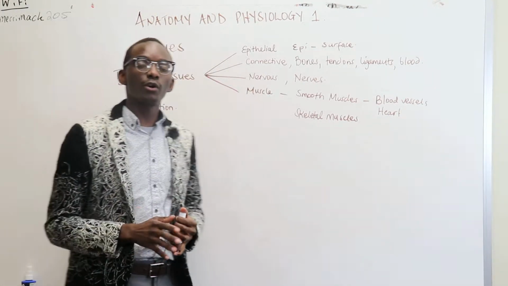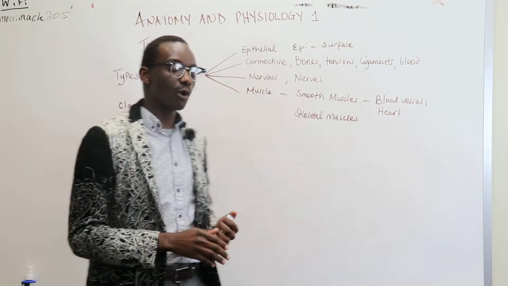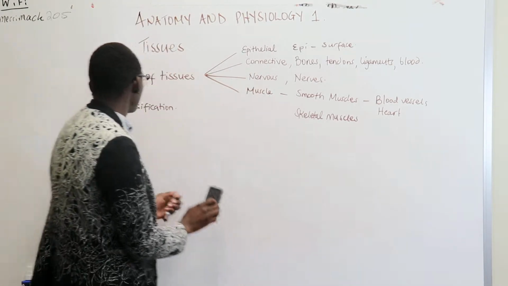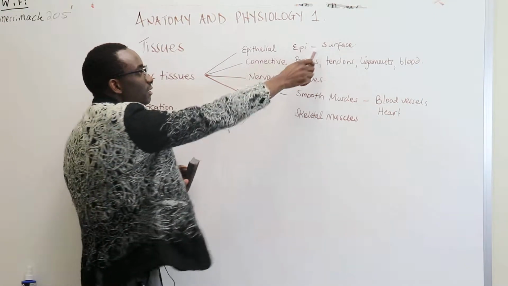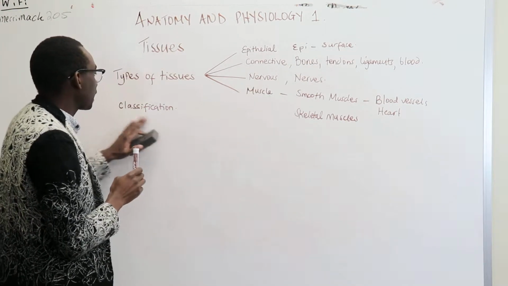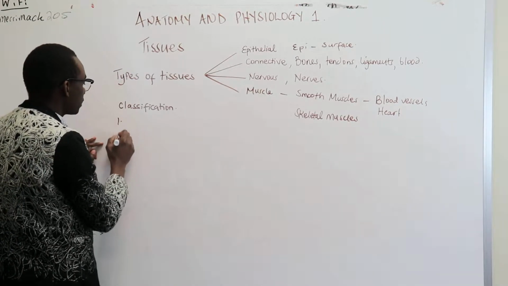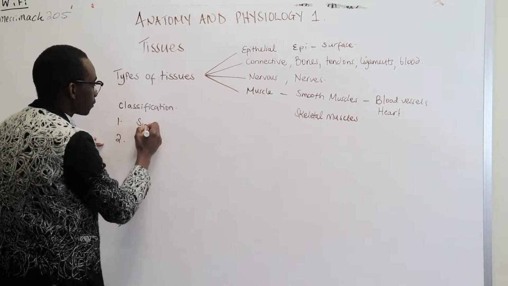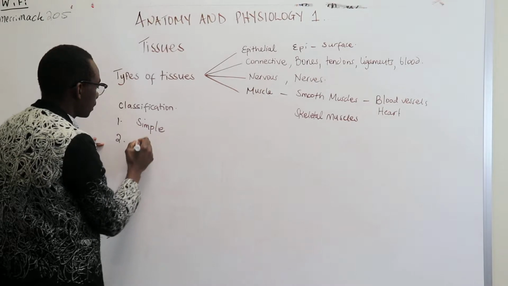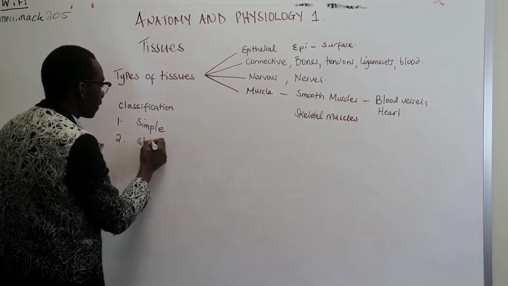Today we are going to discuss more of the epithelial cells. Just like we said, the word epithelial means surface. What are the classifications of these cells? These cells are classified into two: those that are simple and those that are stratified.